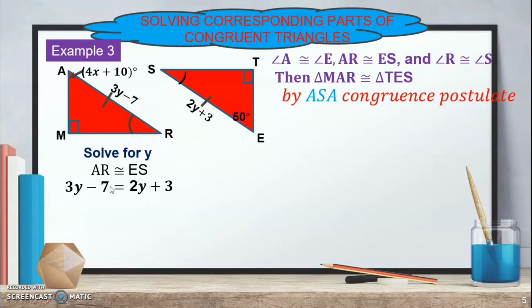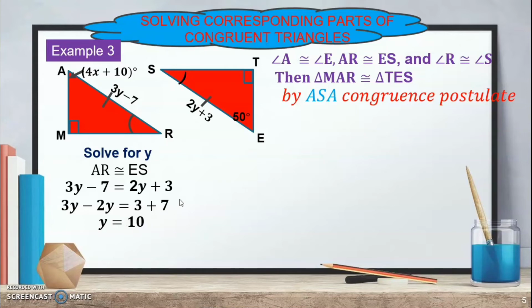So, lagay na natin sa left side lahat ng may variables. Then, sa right side, ang numbers or the coefficient only. So, 3y minus 2y, then 3 plus 7. Negative 7, minus 7 magiging plus 7. So, 3y minus 2y is equals to y is equal to 10. So, the value of y is 10.